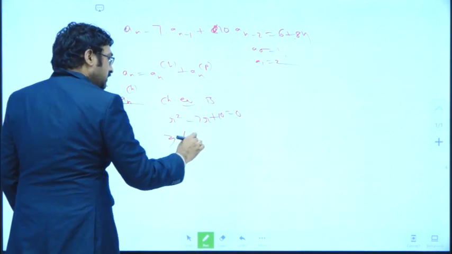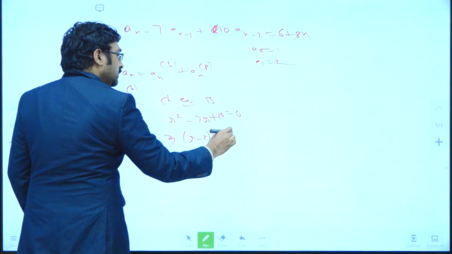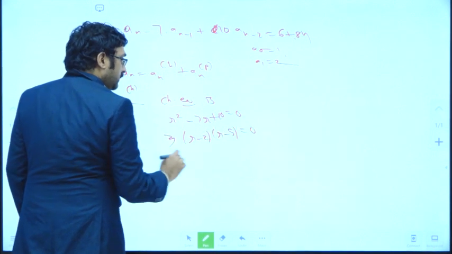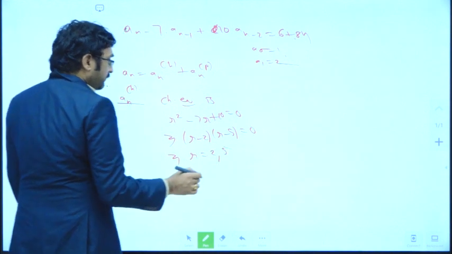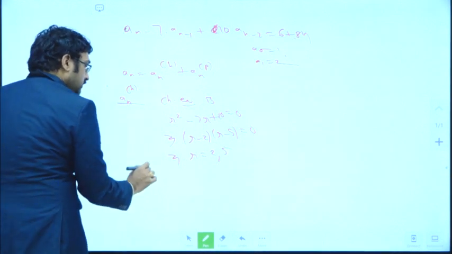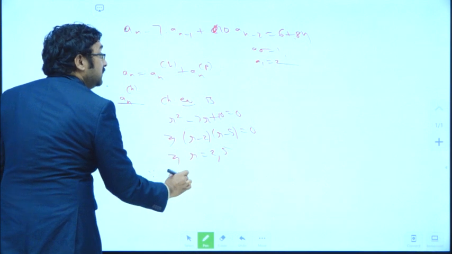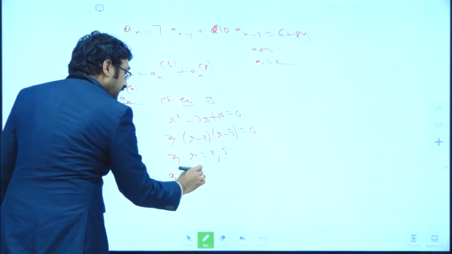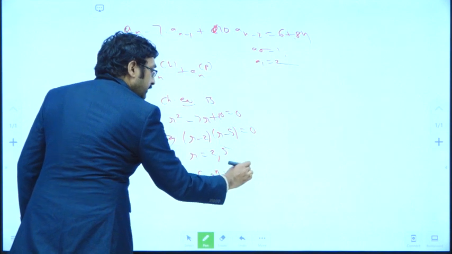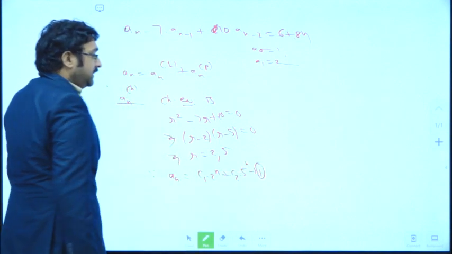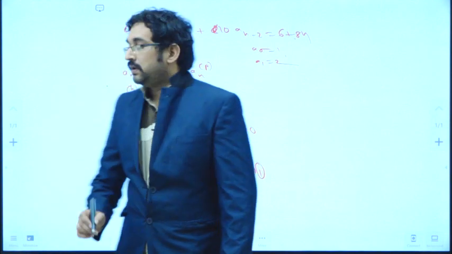We can write the factors as r minus 2 into r minus 5 equal to 0. That implies r equals 2, 5. So the homogeneous solution will be a n equals c1 into 2 power n plus c2 into 5 power n. Call this equation number 1.